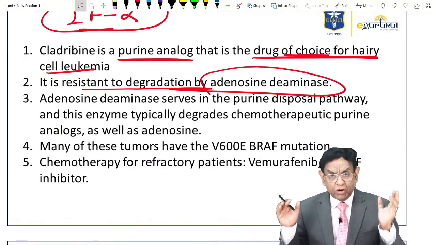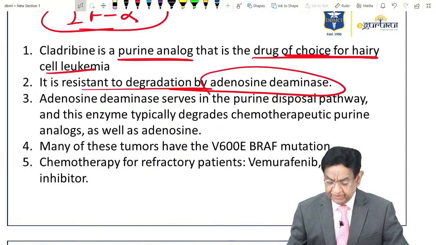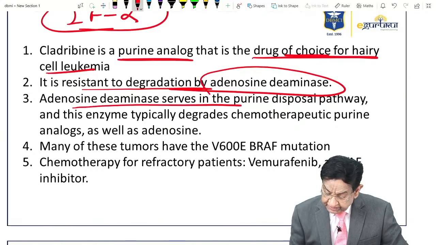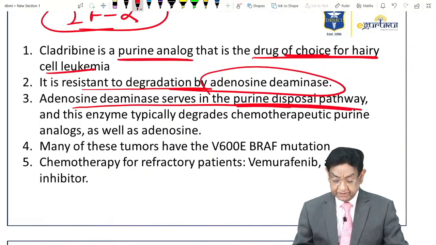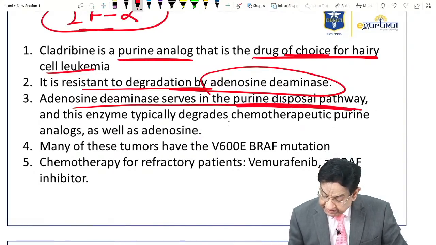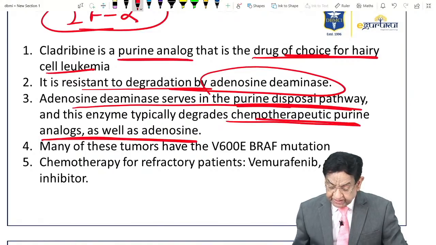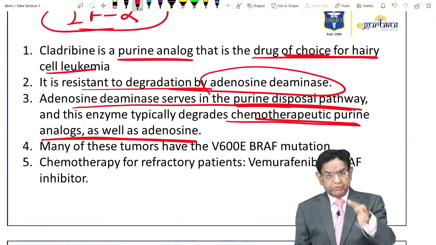Now, what is the normal biochemical reaction? What is the normal biochemistry of adenosine deaminase? It serves in the purine disposal pathway. And this enzyme degrades chemotherapeutic purine analogs as well as adenosine. Okay, so it is going to degrade adenosine, everything.